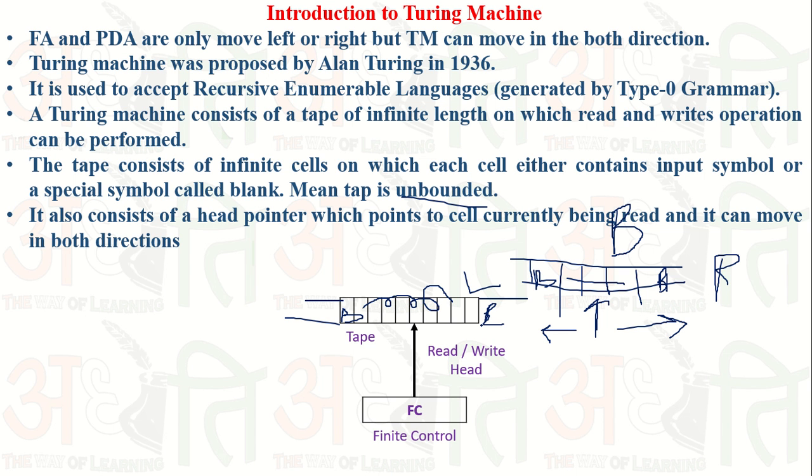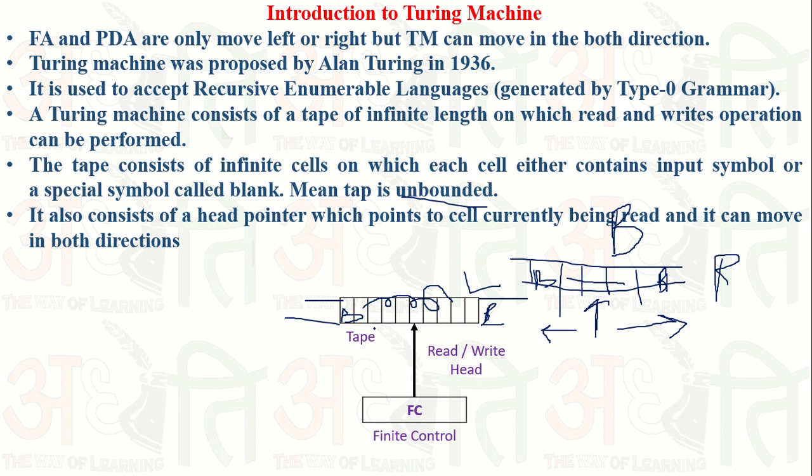There is a read write head which is pointing to the string which you are going to read, and a finite control which controls the head, whether it moves left or right and which symbol it is going to read. So it is a graphical representation of a Turing machine.